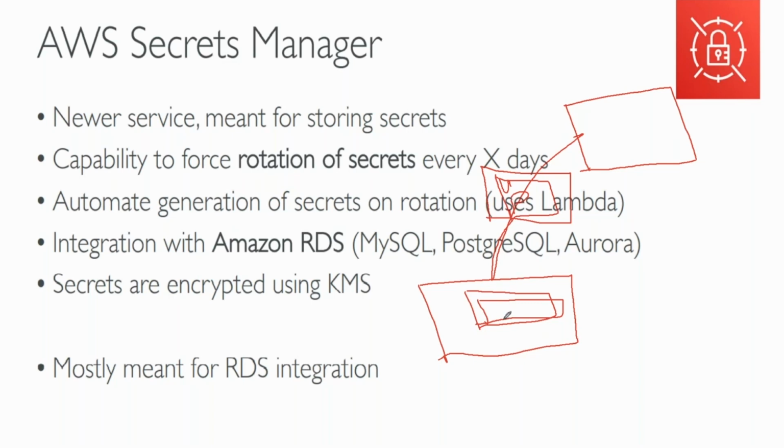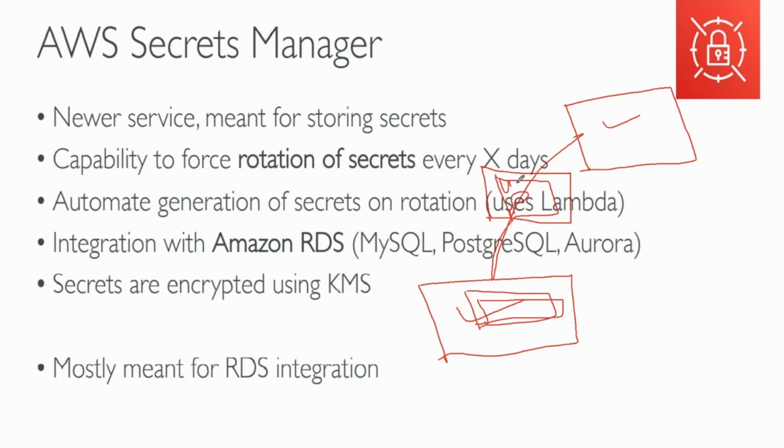Whenever this instance wants to access my RDS, it just needs to go through AWS Secrets Manager, and using it we save our password using KMS. Whenever the system wants access, the request will go here.